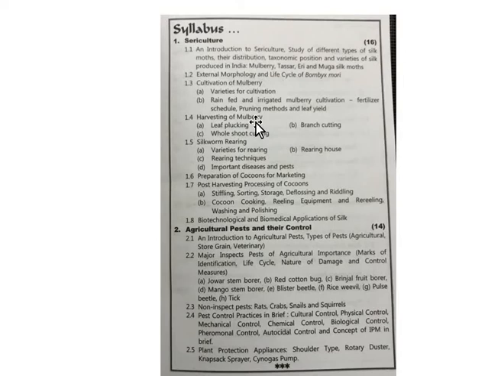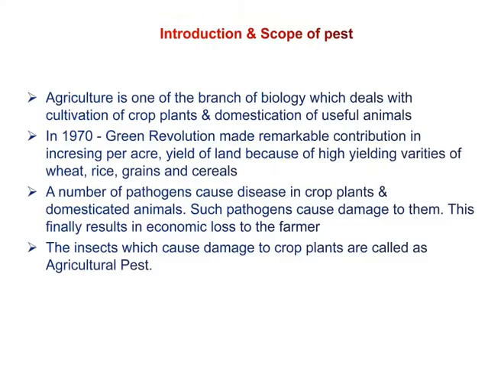Now first we focus on the introduction and scope of pest. Here, the influence of insects on human life is destructive and beneficial. So the insects are both harmful and useful for humans.